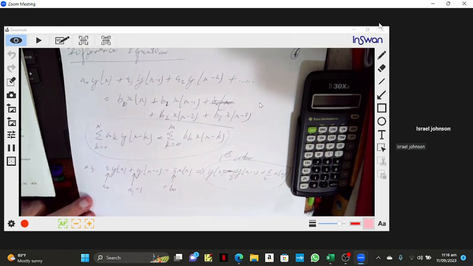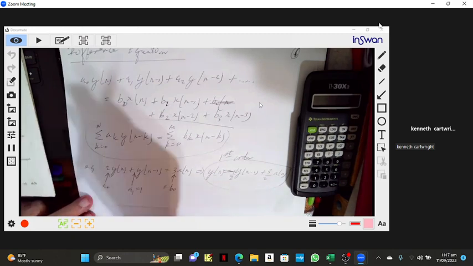Because it doesn't go any higher than a1. Another way of saying the same thing is the maximum delay is by 1.